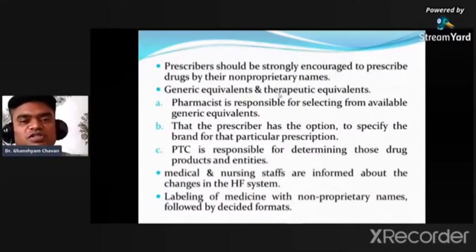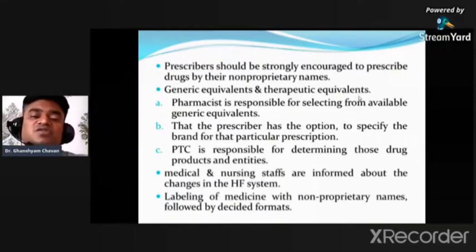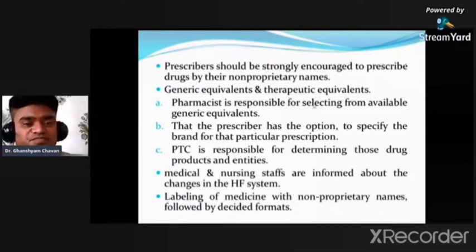So we should go for other analogs or other drugs of the same category. Similarly with antibiotics, if one antibiotic does not have that much effect, we should go for an alternative antibiotic or alternative drug for the same therapy. So these are the policies developed by this hospital formulary.